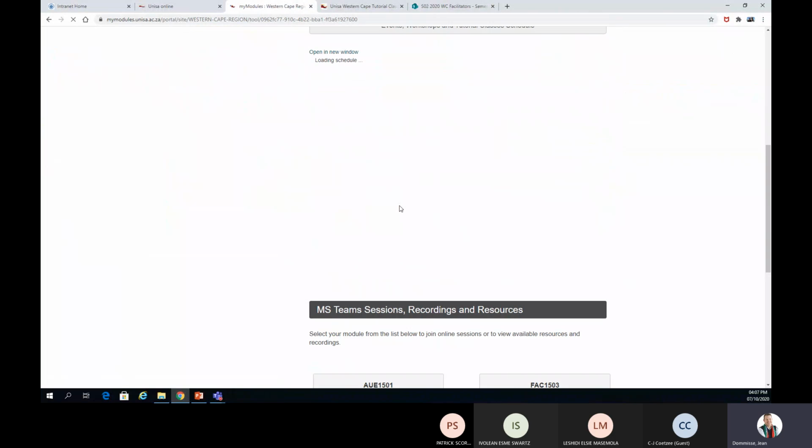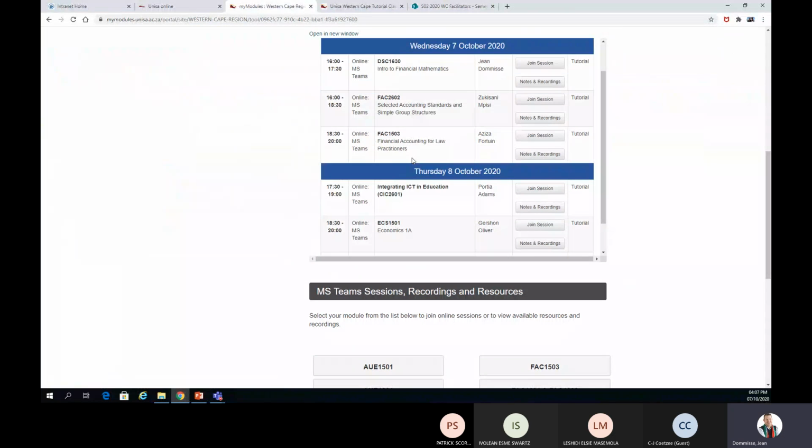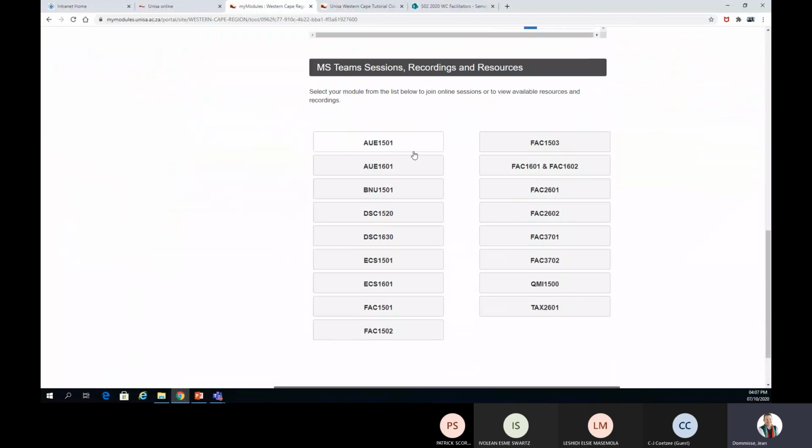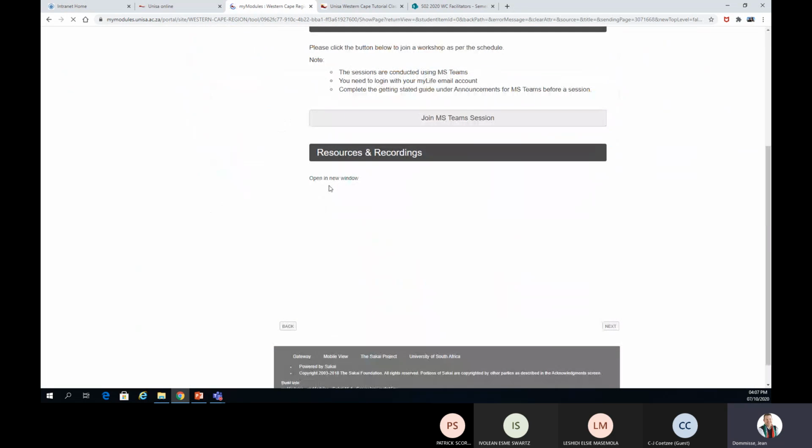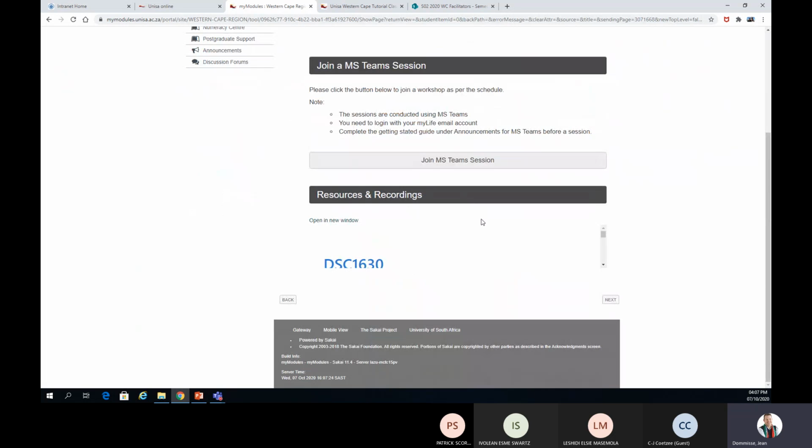You can see the schedule for the week, but also what other subjects are part of the TAC classes. Under your DSC1630, you will have the recordings and other resources. This is basically the things that I am involved with. If there's anything from the lecturer, it will not be put here, but on that original DSC tab.